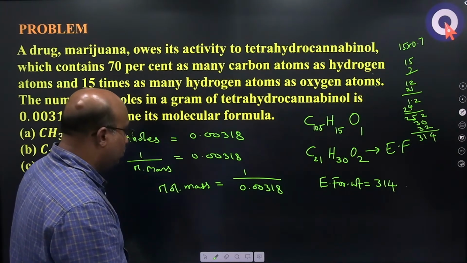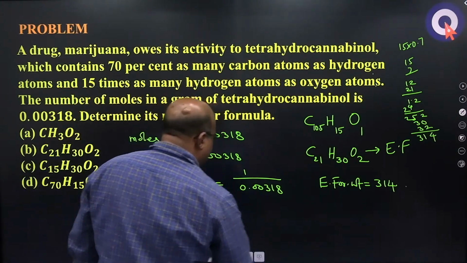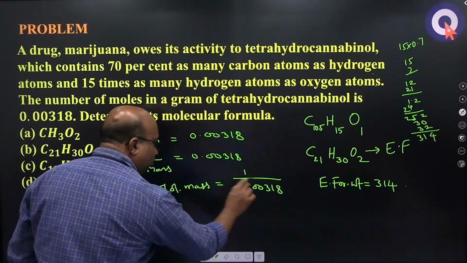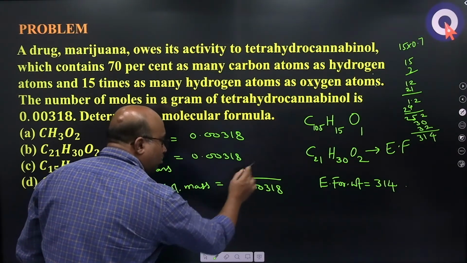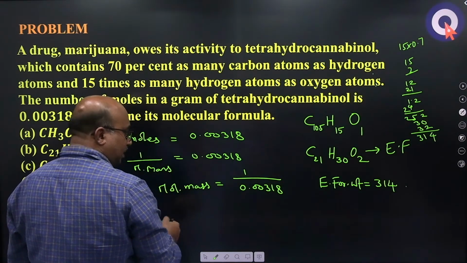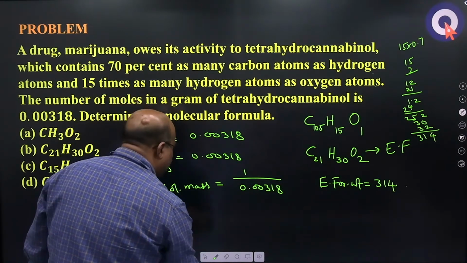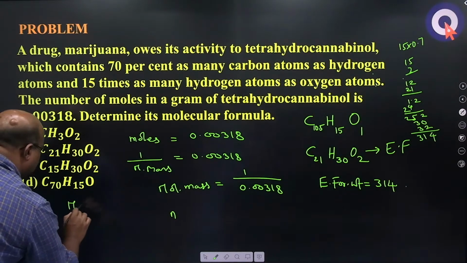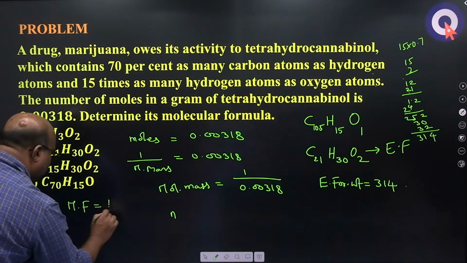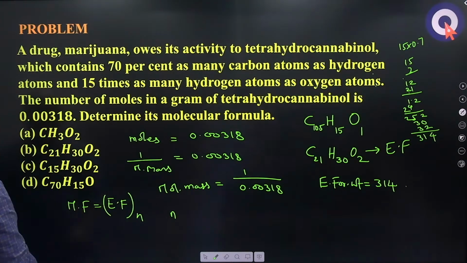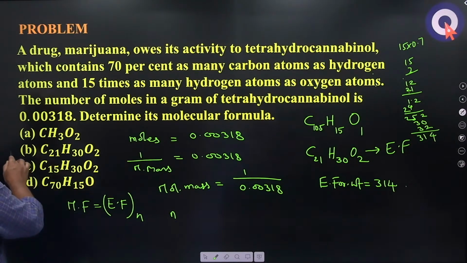Clear? So what is the empirical formula or molecular formula? The molecular mass divided by the empirical formula weight will give n, the number of times. So the molecular formula is the empirical formula times n. Now as you can see from this, it might be this itself.